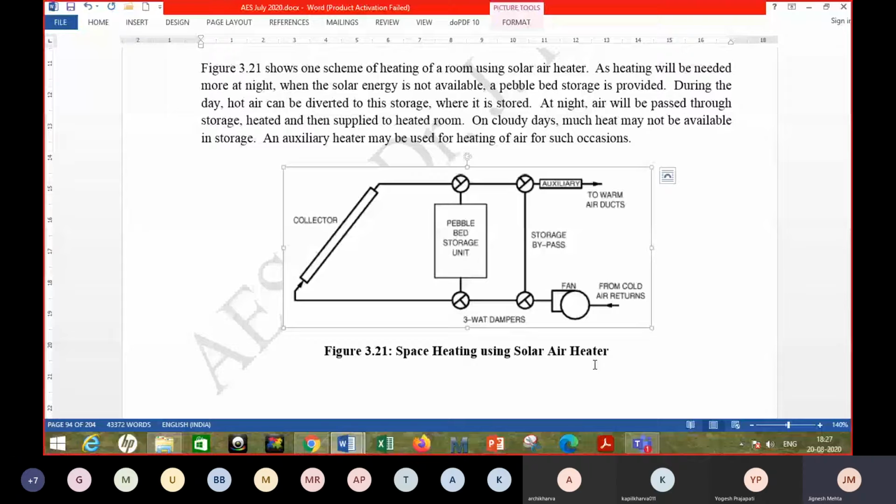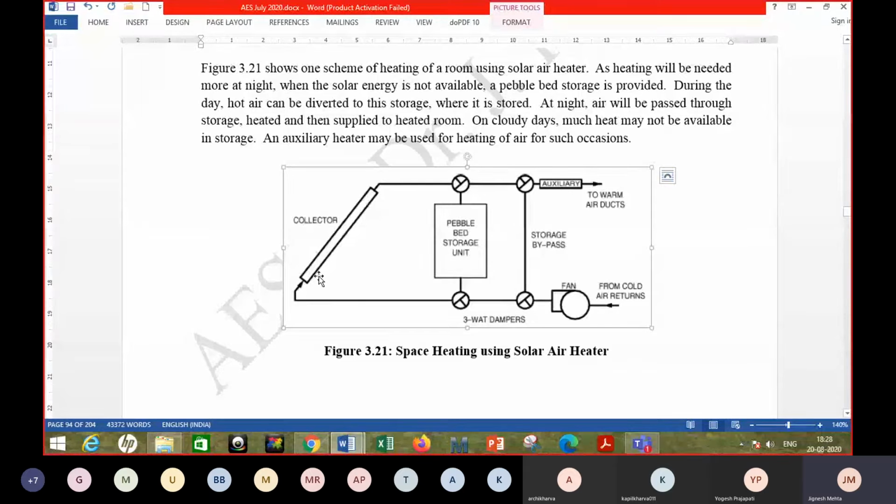Again, because if your delta T is not very high, then you will need very large volumes or mass of the storage media. That can be affordable only if you use some locally available low cost material. So that's why a pebble bed storage has been shown here. It can be a big storage, a big pit.